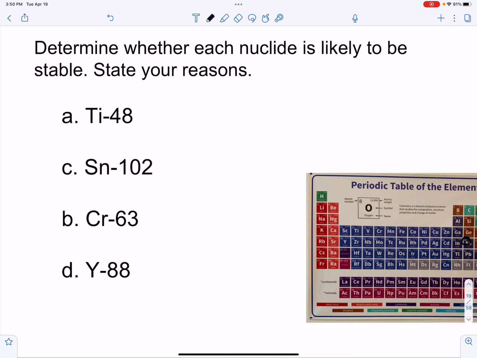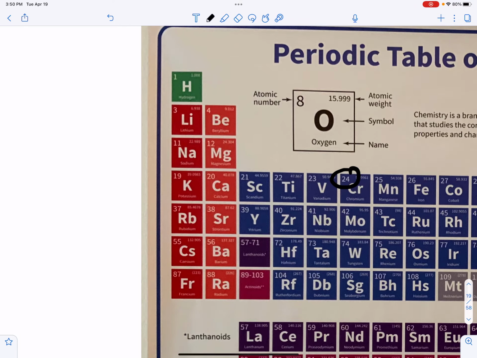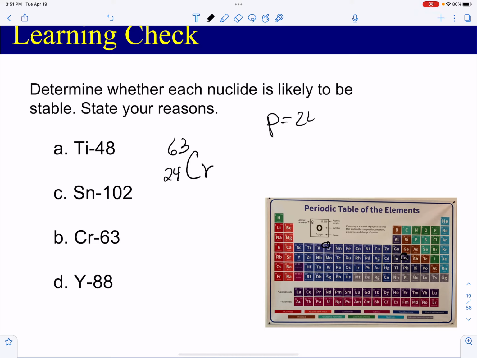What about the next one? Chromium-63. Chromium is going to be 24. So right there, we can see that we're not going to have even numbers. So 24 protons, neutrons is going to be 39, right?